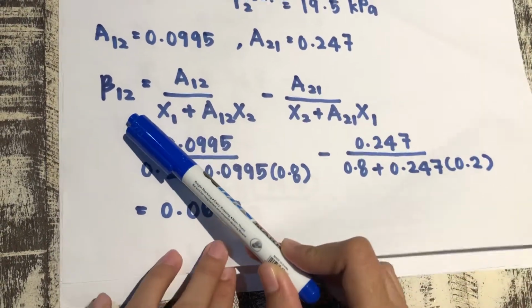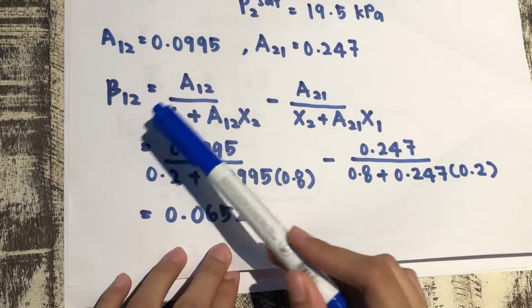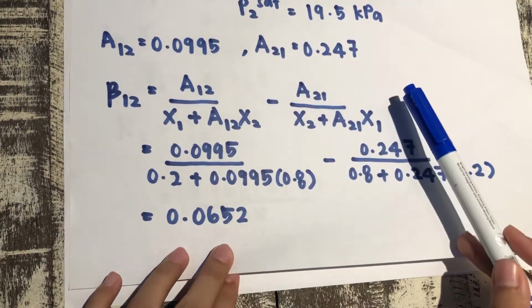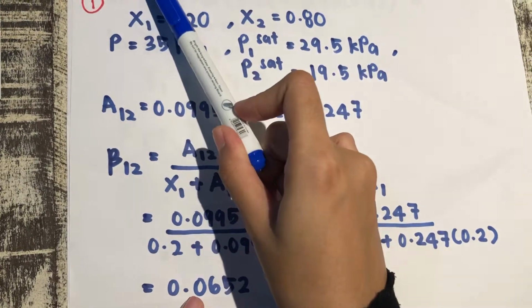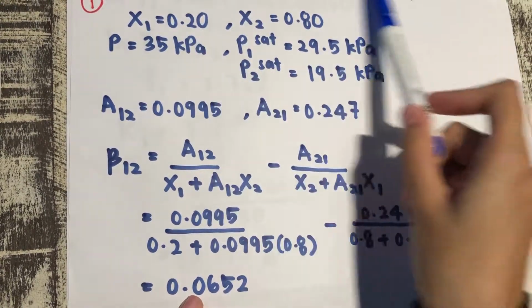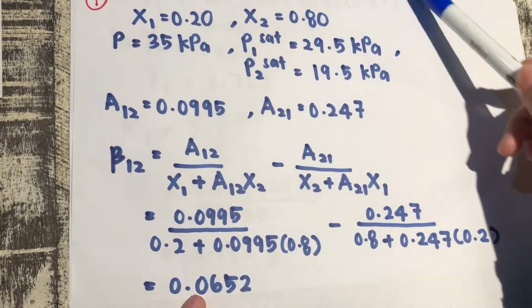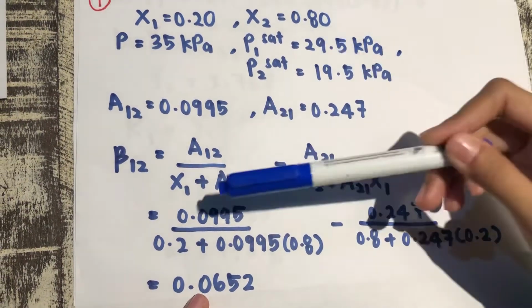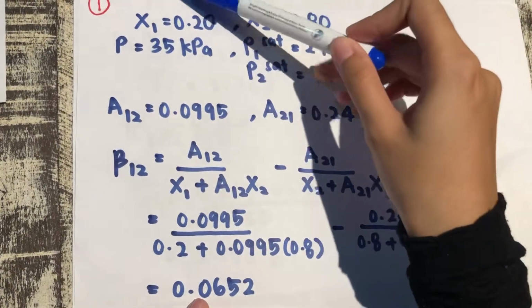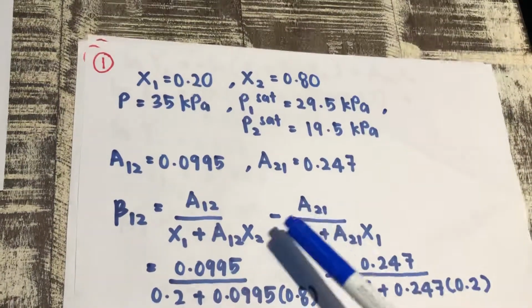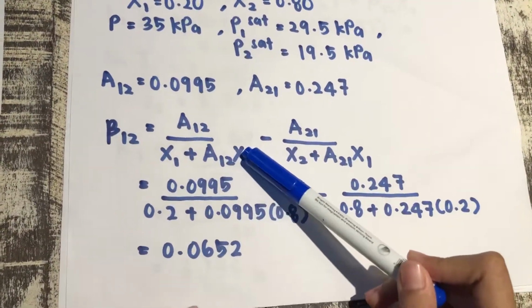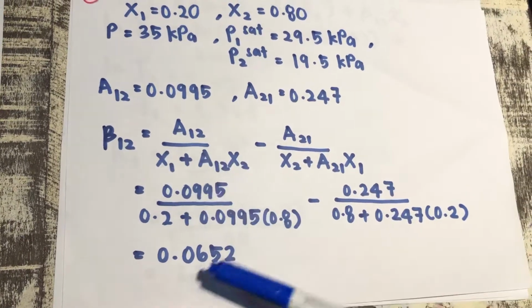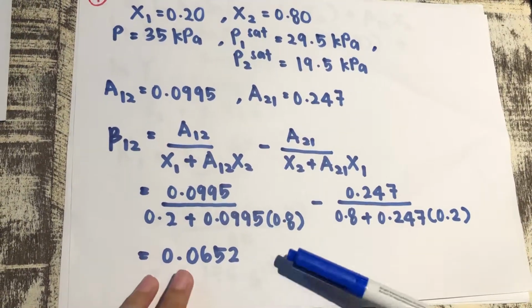Beta 12 is given in the formula from the question, from ln gamma 1 equals this. We have the value of beta 12 here, so we have to calculate it first to find the activity coefficient 1. So we substitute all the values given into the formula and we get beta 12 equal to 0.0652.